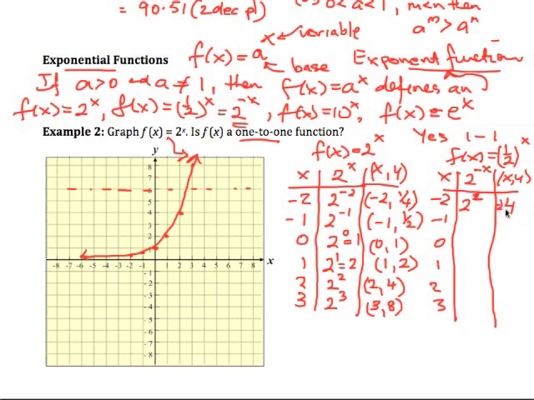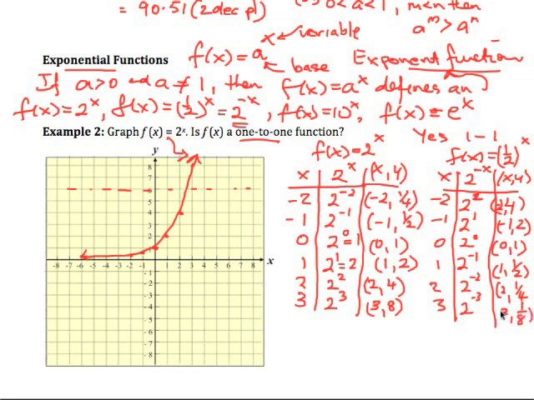So this will be negative 2, 4. If I put negative 1 here, this becomes 2 to the 1 now, so it'll be negative 1, 2. 2 to the 0, of course, is still 1. Now if I have 1, this will be 2 to the negative 1, so that'll be 1/2. 2 to the negative 2 will be 1/4, and 2 to the negative 3 will be 1/8.